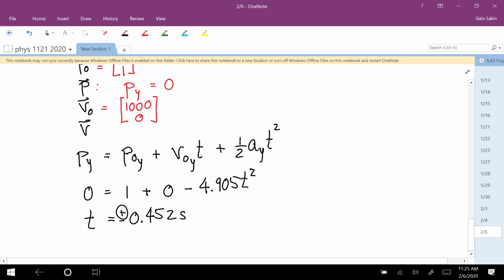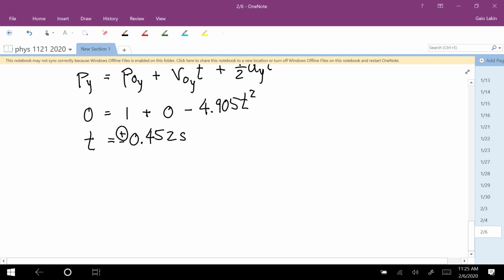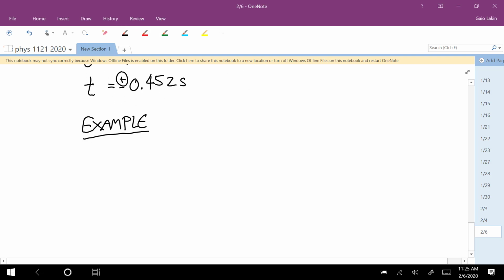Any questions about that? Okay, well, let's do a similar example. But let's say that this time the gun is fired at an angle.